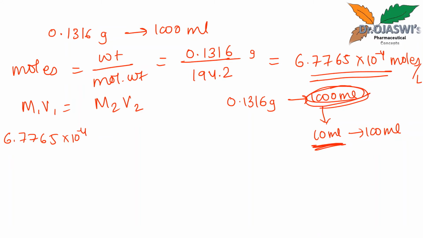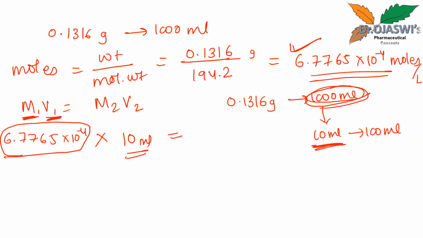This is the molarity I have written here, M, which I have calculated. So from this I have withdrawn 10 ml. What is this 10 ml? This is V1. And I have diluted it to 100 ml. So that 100 ml volume is the V2 I am writing here.